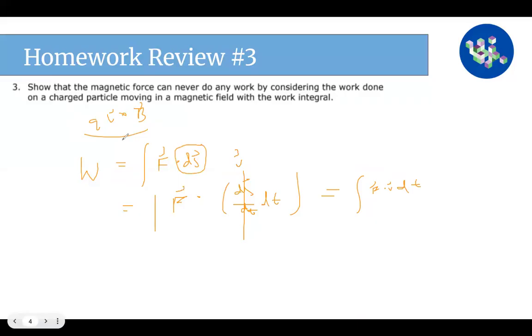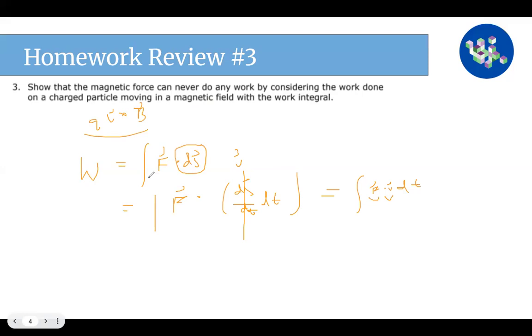Well, what's the definition of the cross product, right? If I do v cross B, then I'll get a vector that's perpendicular to both v and B. So if I plug this in for F, notice that I'm dotting that onto the v vector itself. So I'm taking a vector that's perpendicular to the velocity vector and looking at the dot product with the velocity vector itself. Well, what does that give you?